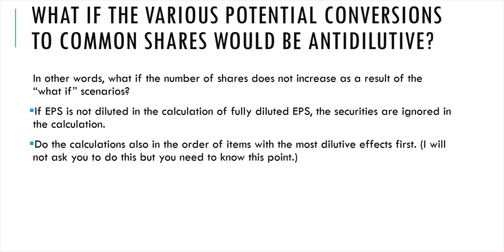And the other thing is, when you do your calculations, you're supposed to be doing those in the order that would have the greatest impact or the greatest reduction in earnings per share. So you include those that have the greatest effect first, and you incrementally go through until you get to a point where you don't have any reduction from the potential factors that might reduce earnings per share. And that's what you do if you have a multitude of things that could potentially be converted into common shares.